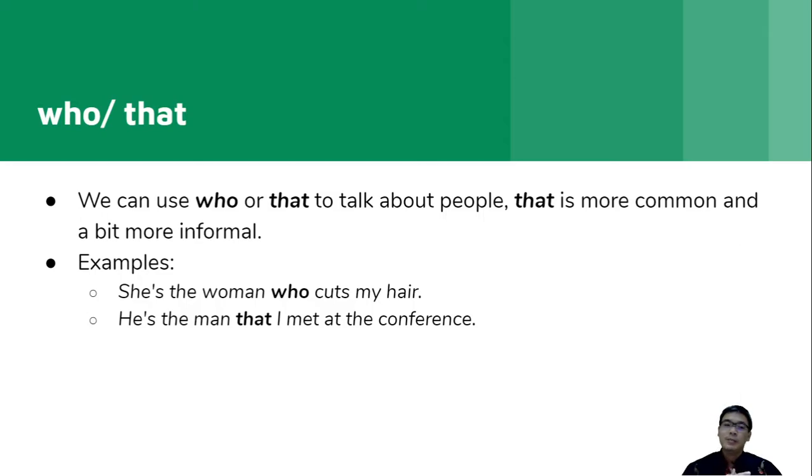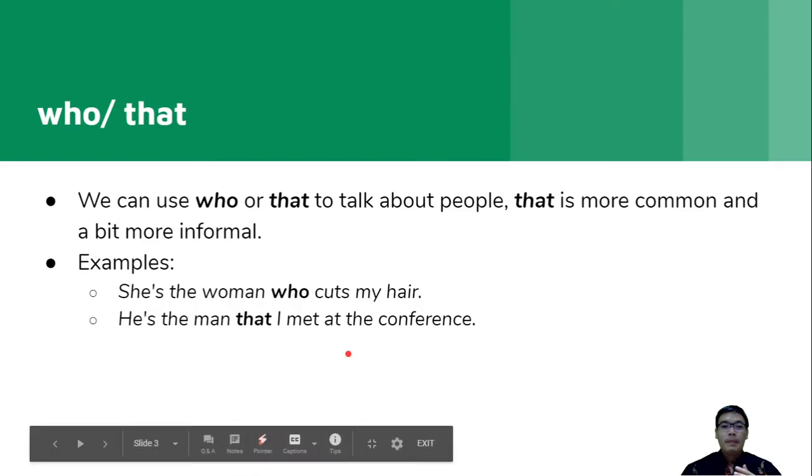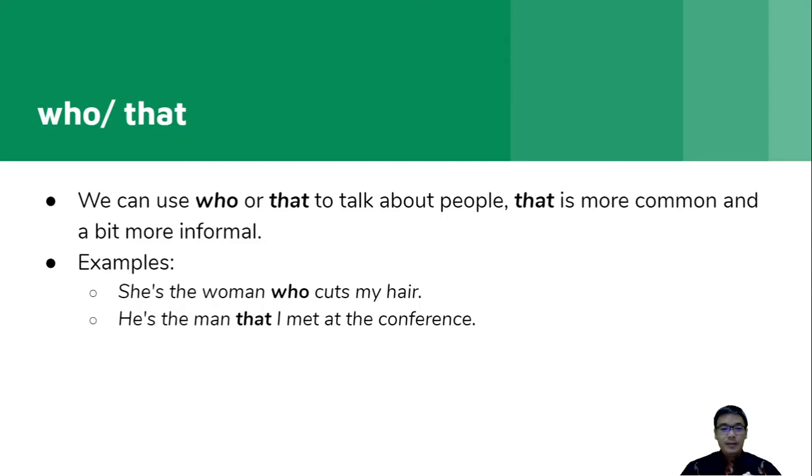Just like the previous example, the woman who lives next door works in a bank. We use who because it is the woman, a person. He's the man that I met at the conference. Remember, because it is the man, so we use that. And let's take a look at the first example too.